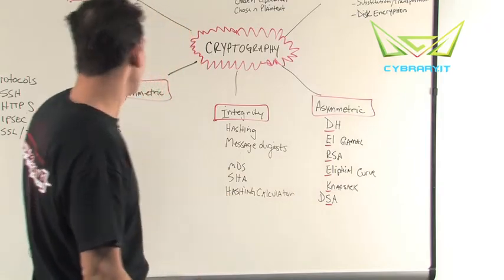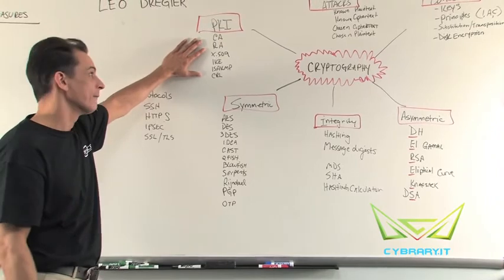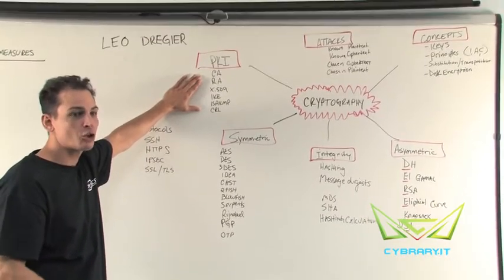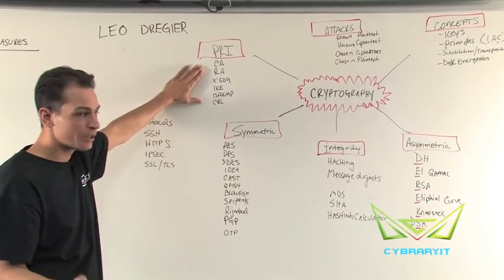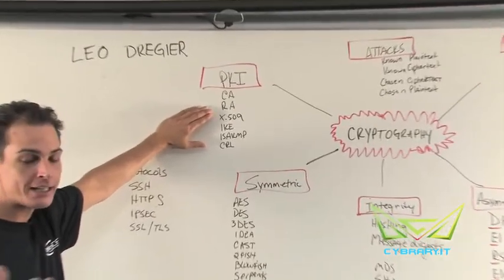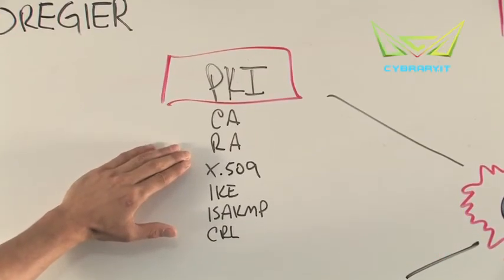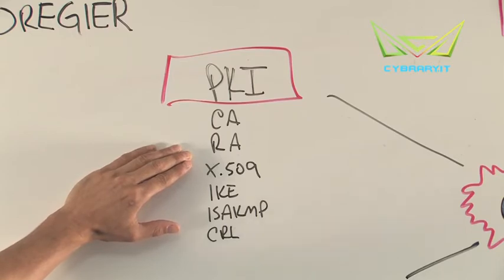All right. Next, we can see how all of this gets tied together in the world of PKI. Now you have the concept of a certification authority or certificate authority versus a registration authority. And it's very easy to use the analogy of the Motor Vehicle Administration. You go in one line to register for a driver's license, and then you go into another line to actually get the driver's license.